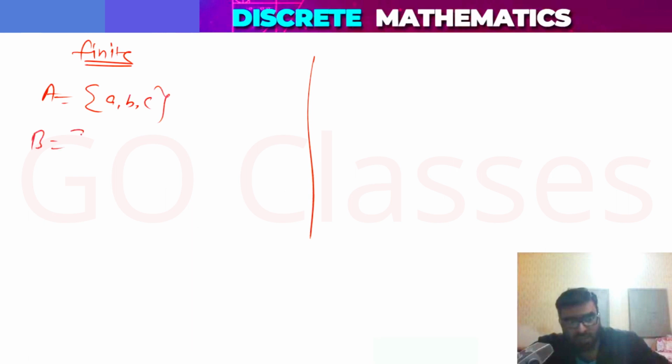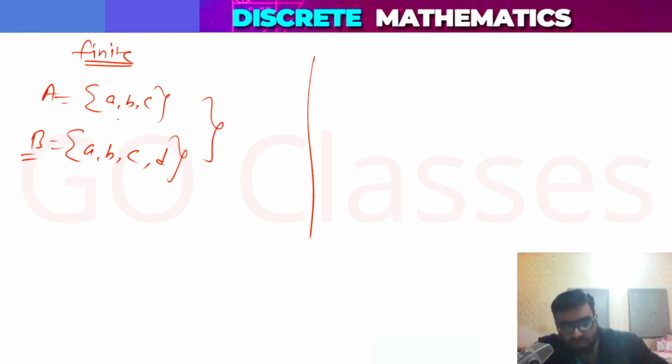Now the next point. Let's handle finite sets first. Let's assume you have a set A, which is {A, B, C}, and a set B, which is {A, B, C, D}. If I ask you which set has more cardinality, very easily you can say that set B does.